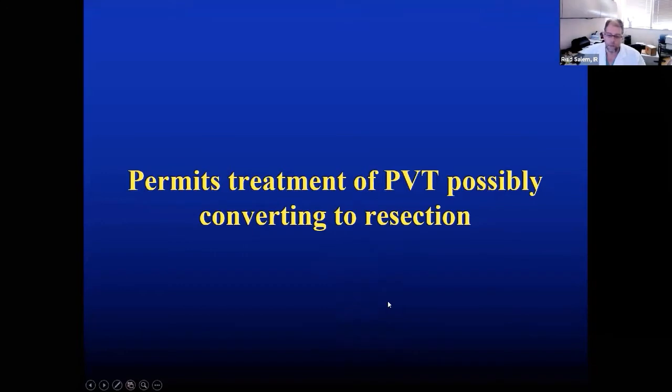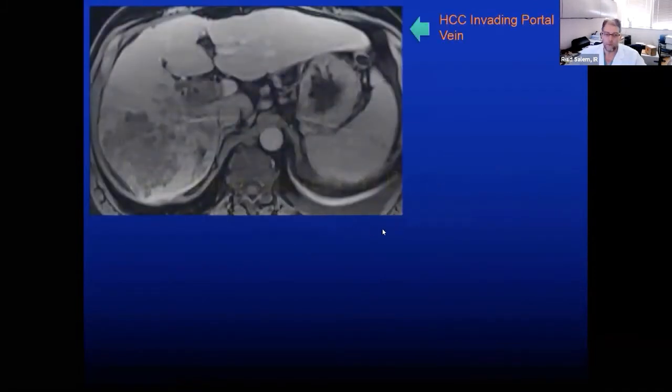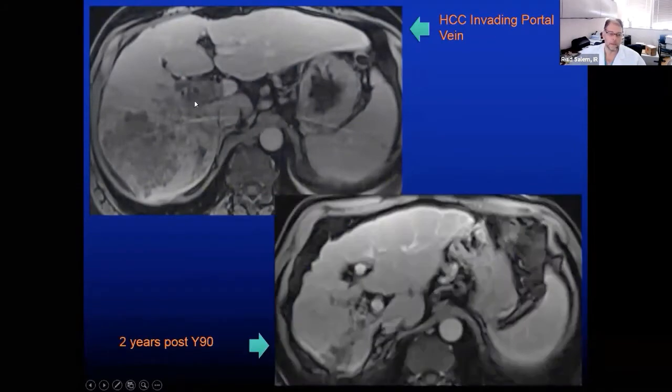Now, one nuance with HCC and Y90 has to do with the application in patients with portal vein thrombosis. You obviously cannot do a PVE in someone with portal vein thrombosis, but you can do a radiation lobectomy. This is an infiltrative HCC with a good response here, with a major hypertrophy on the left.